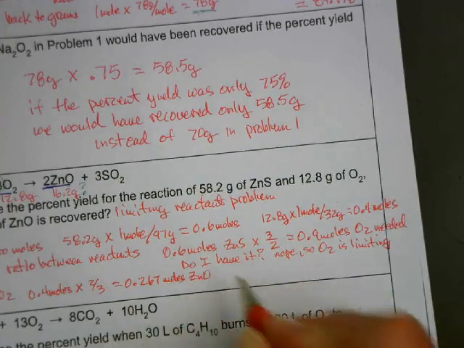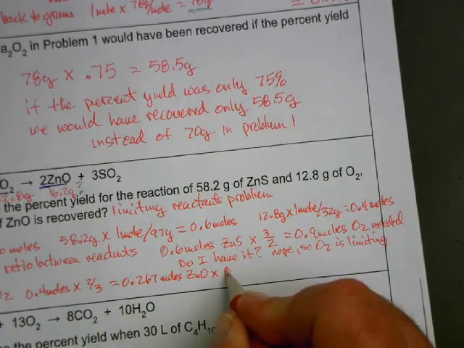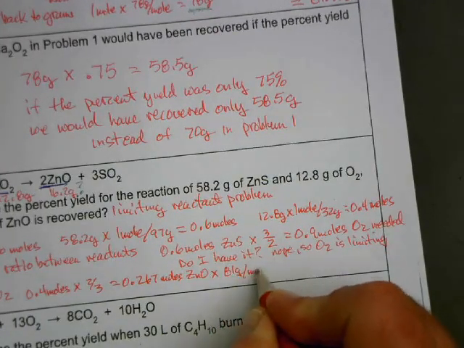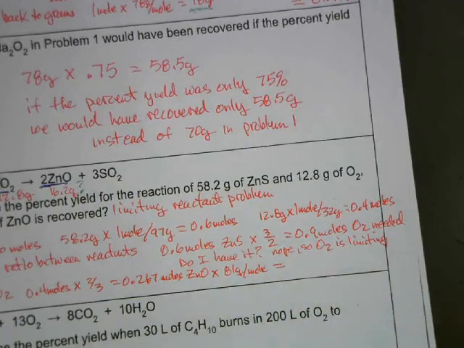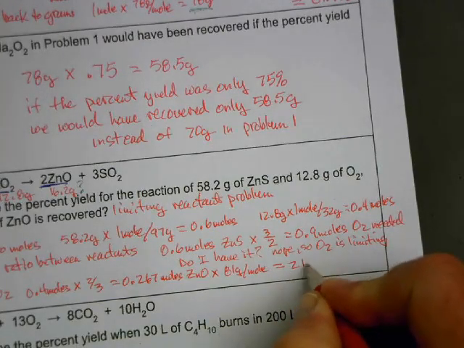And then I got to go to grams. So again, zinc 65 plus 16, that's 81 grams per mole. So that would be 21.6 grams produced.